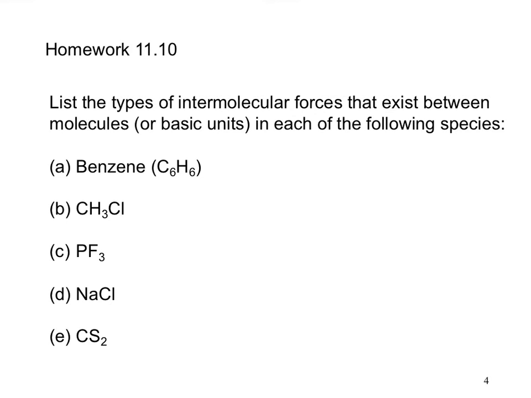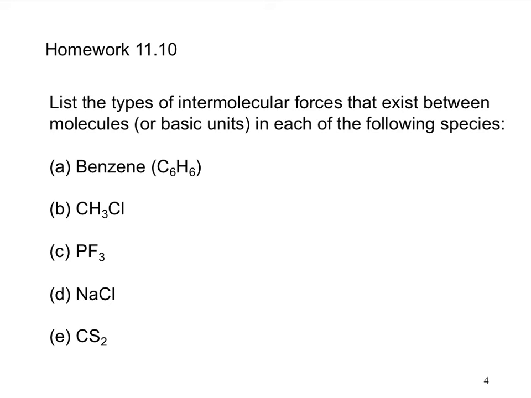In the homework, problem 11-10: list the types of intermolecular forces that exist between molecules in each of the following species. So in this case, we should list all the types of intermolecular forces that exist. So first, benzene. From our list, what do we have? Do we have ions? No, we don't have ions. And benzene is a nonpolar molecule.